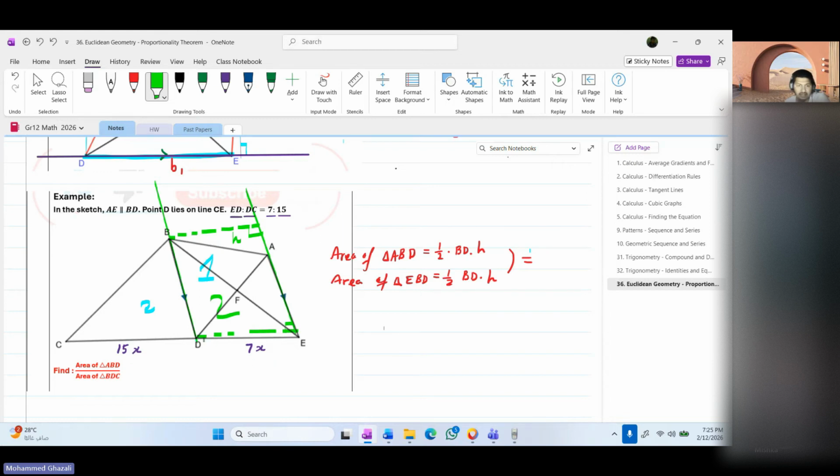So what is the area of triangle ABD? We can replace the area of triangle ABD with the area of triangle BDE. Now, let me map this out for you.